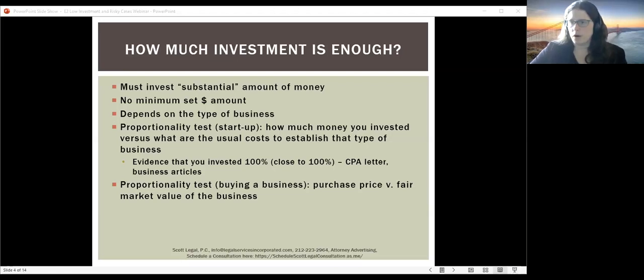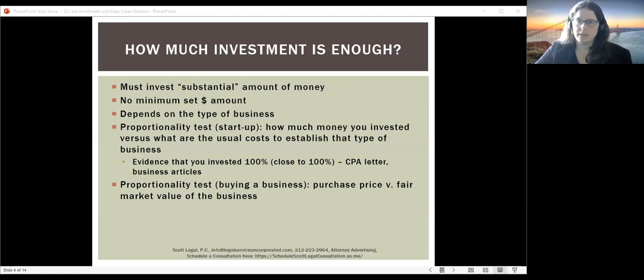Generally, you are able to define for the consulate what the startup costs are for that particular type of business. For example, if you're starting up a consulting company, you may be able to find articles in business publications or industry reports that indicate general startup costs for a consulting company, and that might be quite low.